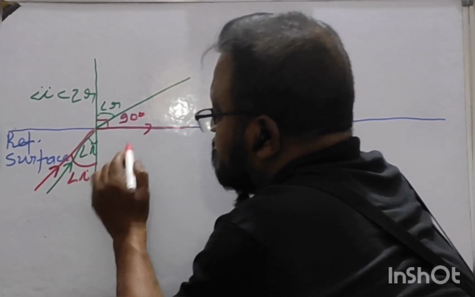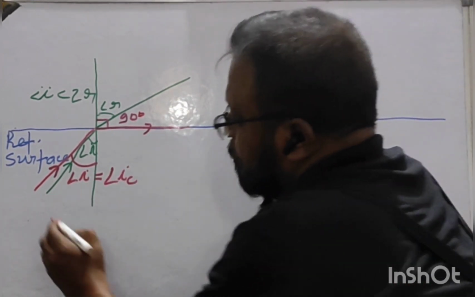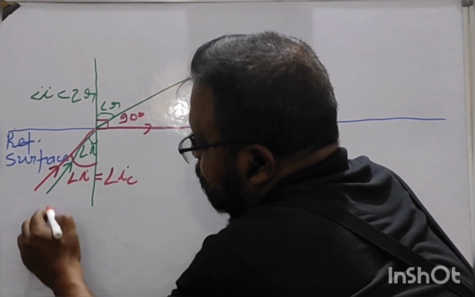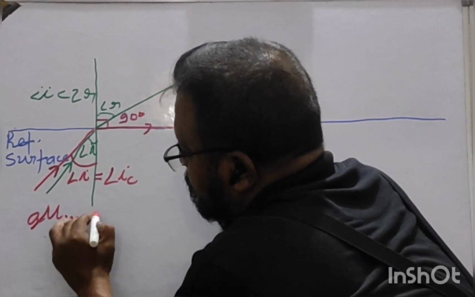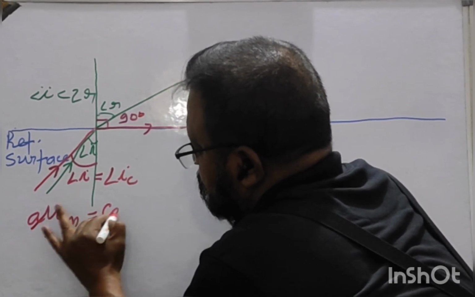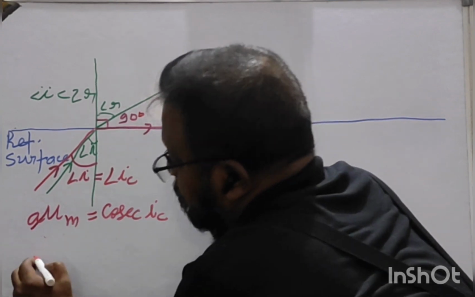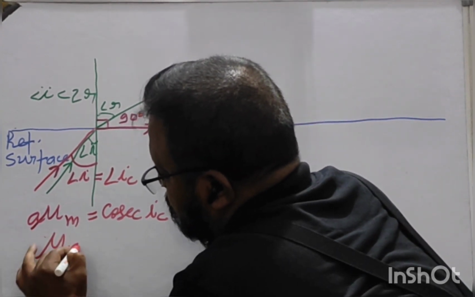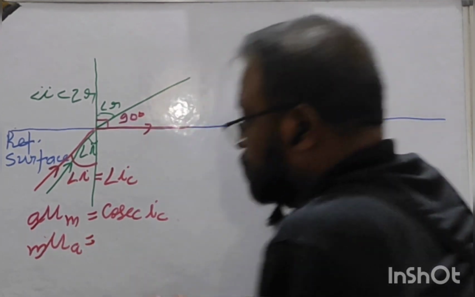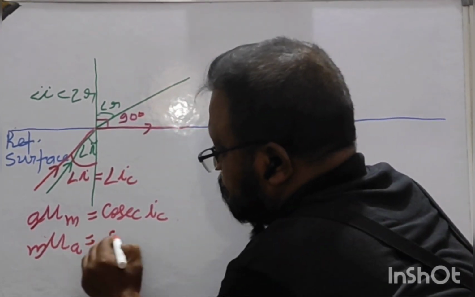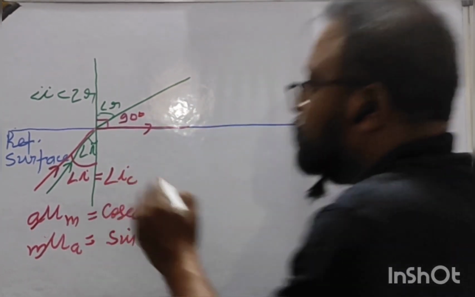This is the critical angle, right? And I told you the refractive index of medium with reference to air is equal to cosec IC, or the refractive index of air with reference to medium is equal to sin IC. This I told you.